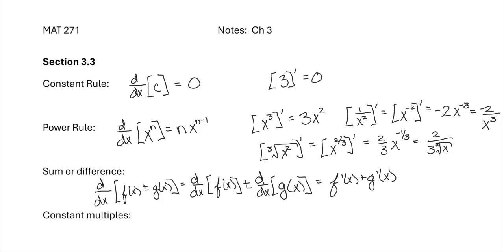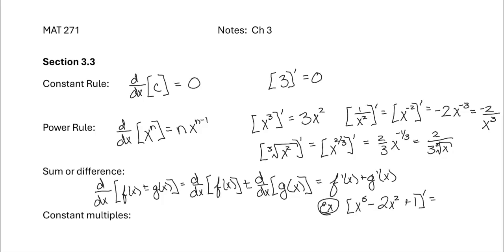So for example, if we want to take the derivative of x to the 5th minus 2x squared plus 1, we could take the derivative of each piece separately.